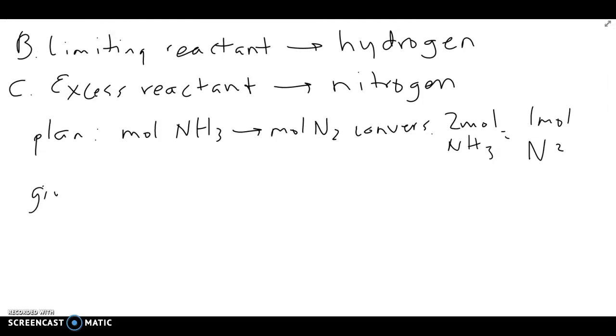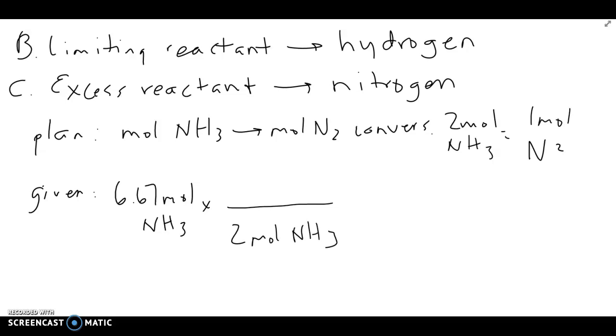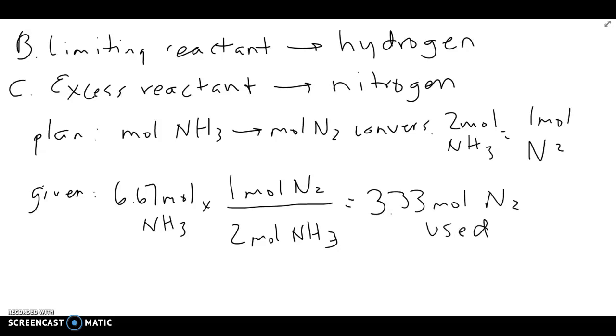Our given is how much product we've made, 6.67 moles of NH3. We have one conversion, 2 moles of NH3 and 1 mole of N2. So therefore we are dividing that by 2, so we get 3.33 moles of N2 are used in our reaction.